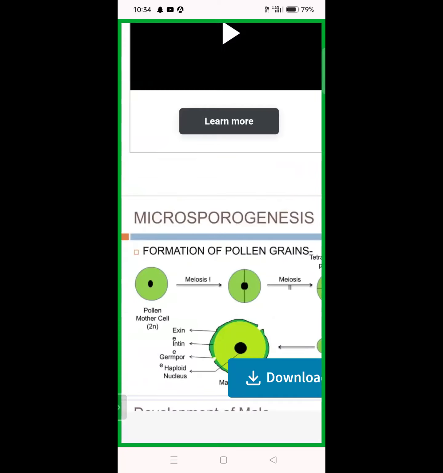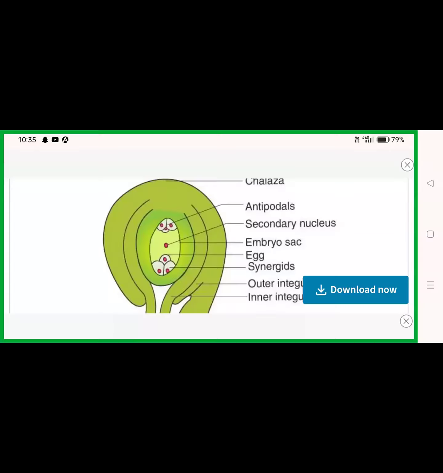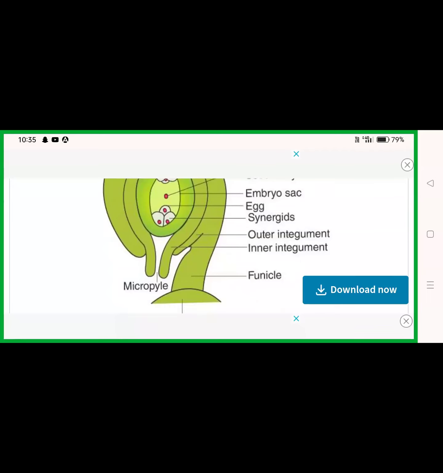Next, coming to the ovule. The ovule is a megasporangium with 1 or 2 integuments. The stalk of the ovule is called the funiculus, or funicle, and it is attached to the base of the ovule at the chalaza.